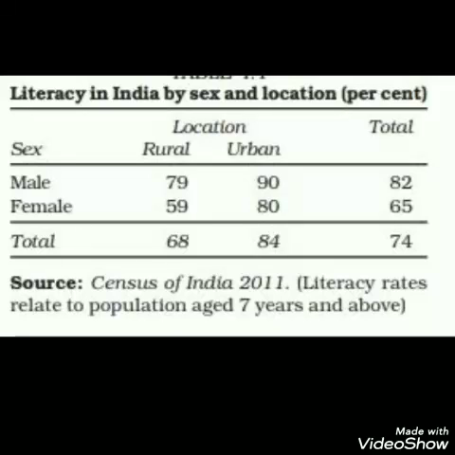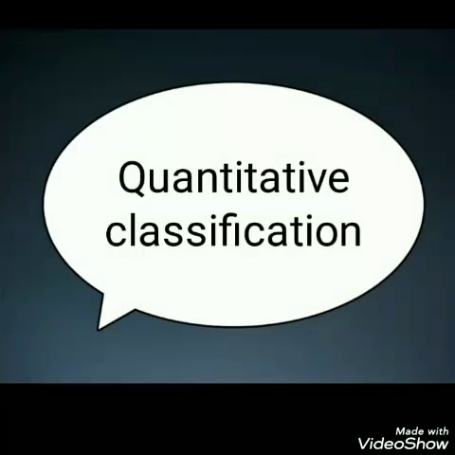After it, the next one is quantitative classification. In quantitative classification, data are classified on the basis of characteristics which are quantitative in nature. Quantitative means in numbers, digits.